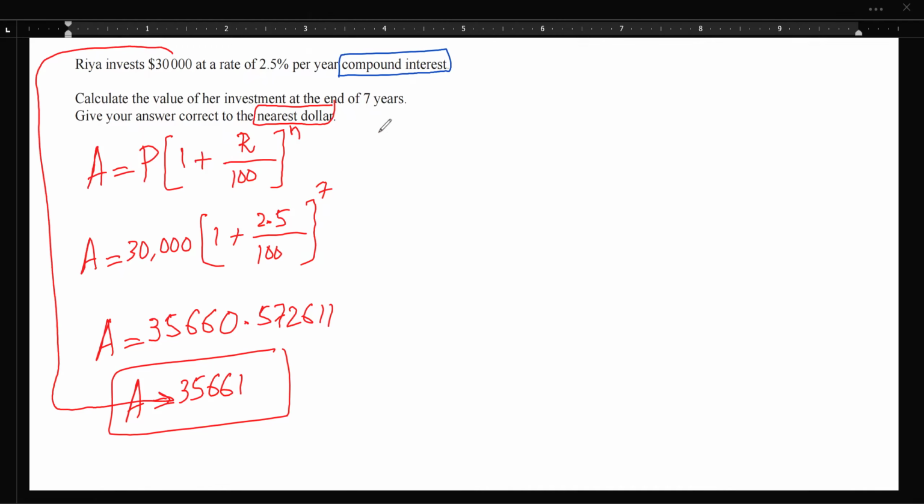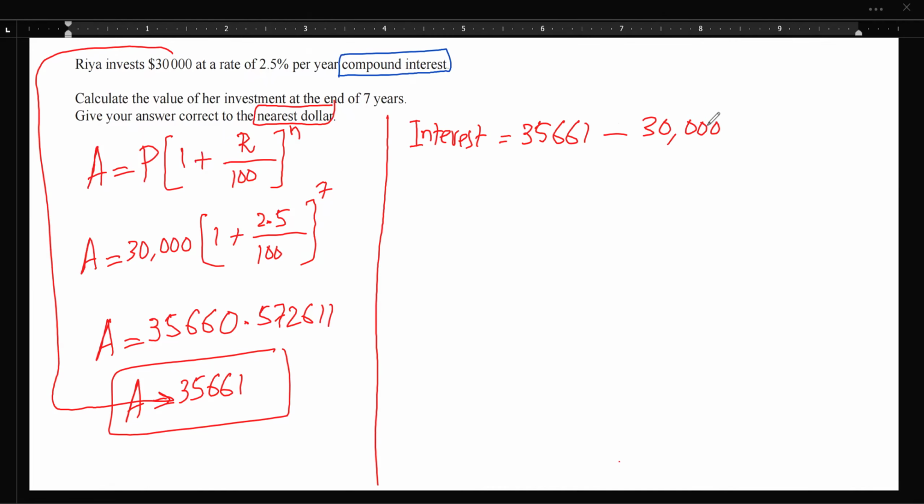But if they ask you how much interest earned, in this question they did not ask you, but if they ask you how much interest earned in these 7 years, then what you do is subtract the original amount from the amount that you have earned after 7 years. Let's calculate.